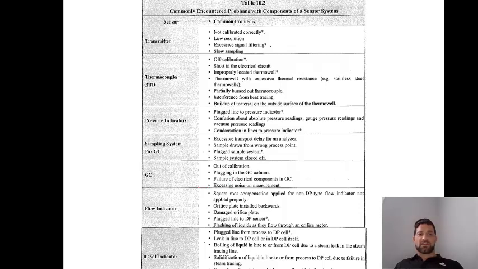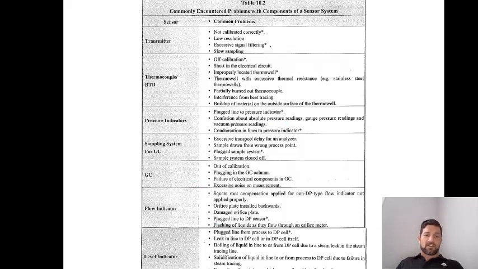I would advise you to just read through this, make some notes. This is going to tell you some of the common problems associated with a variety of different sensor components and sensor types. So for example, you have thermocouples or RTDs, you have pressure indicators, so these can have plugged lines. You can have condensation that occurs in the pressure indicator. You can have confusion about absolute pressure versus gauge pressure.